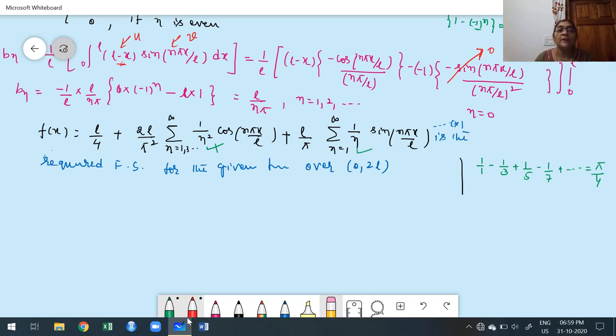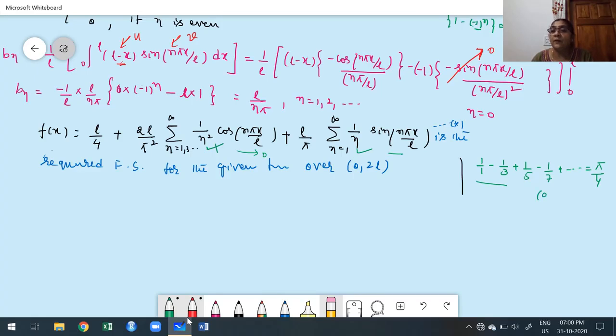Therefore, I have to convert this summation to 0, but I want to retain the other summation. But I don't require all the values, only odd values, and also alternately plus, minus, plus, minus.